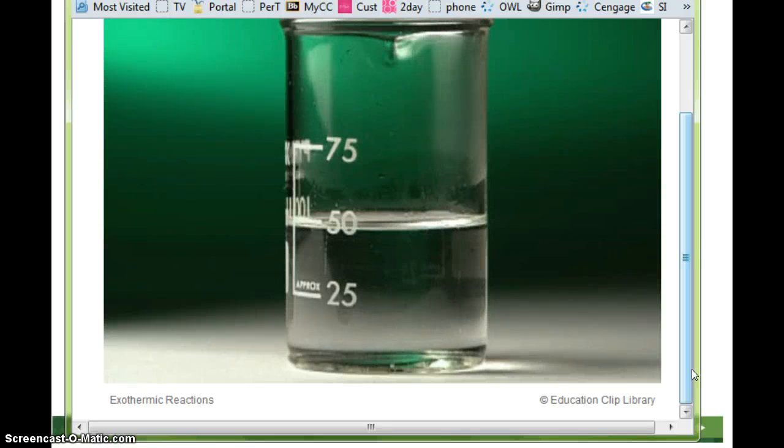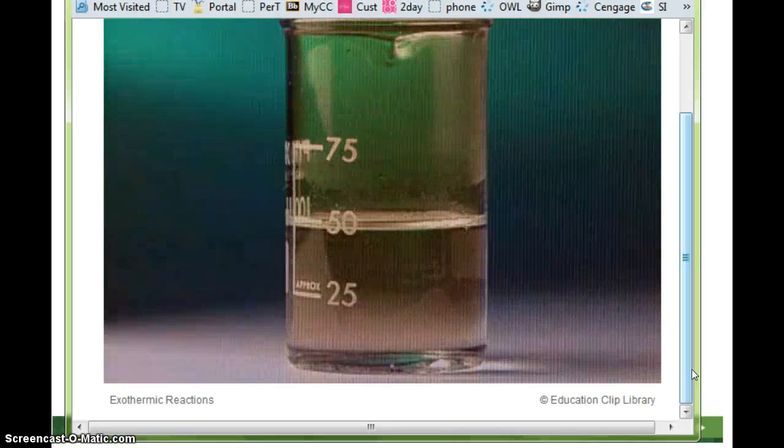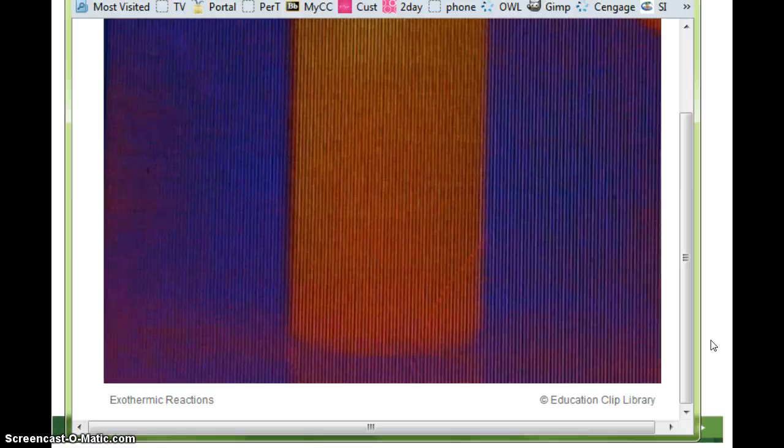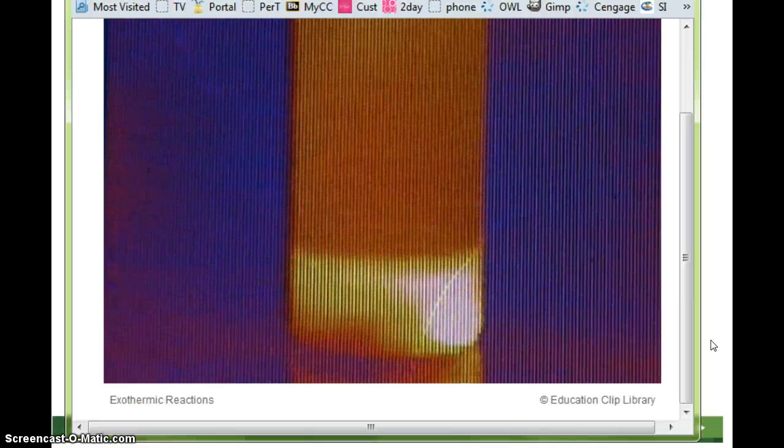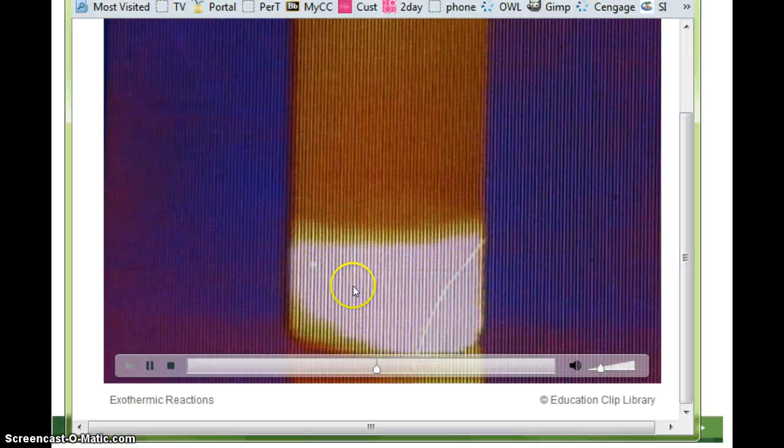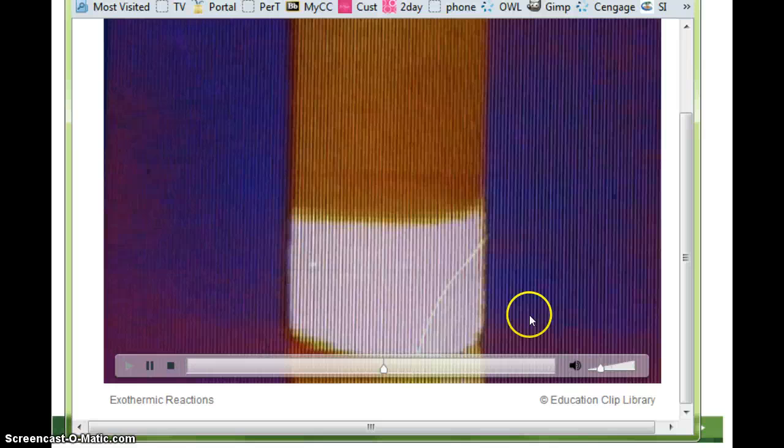So it's not always really obvious. And that's why you can use the thermal imaging camera. So if it's hot, it's white, and you can see when it's mixing that, oh yeah, there's definitely heat.